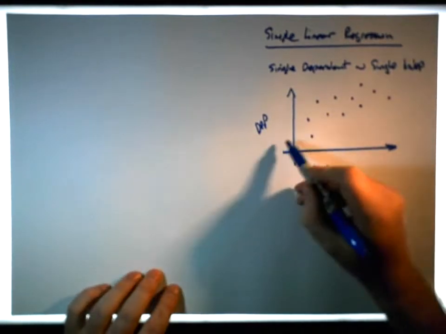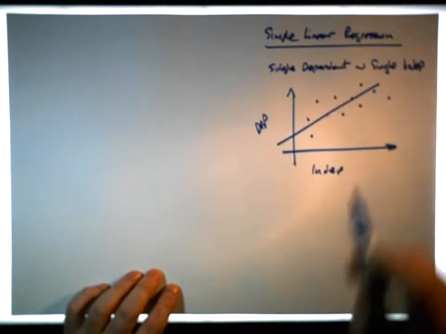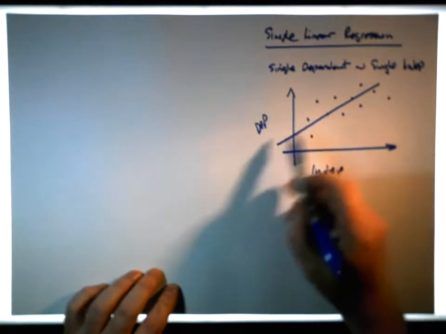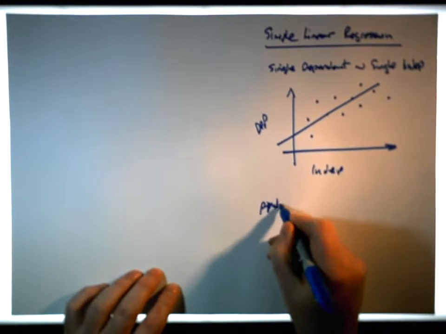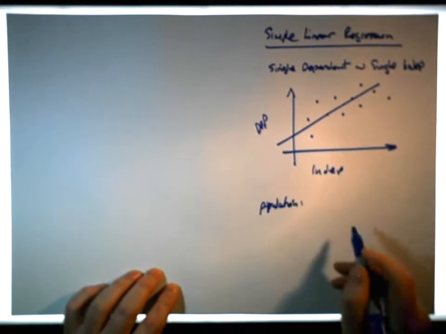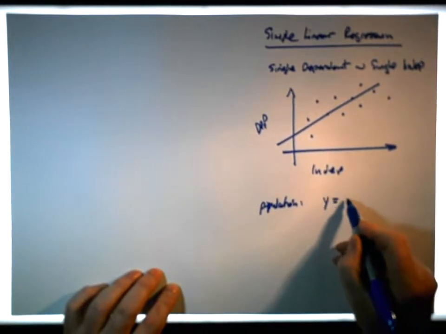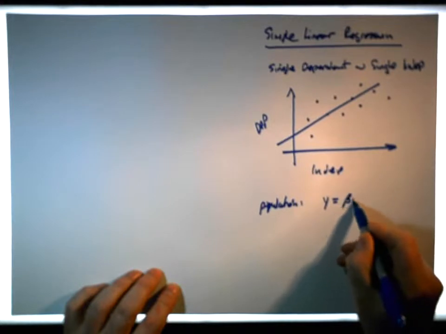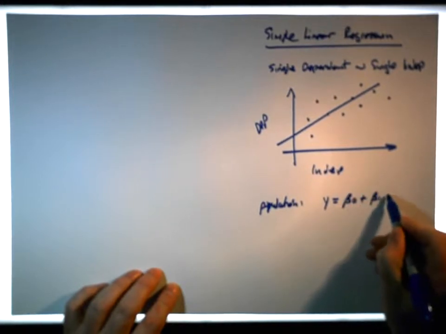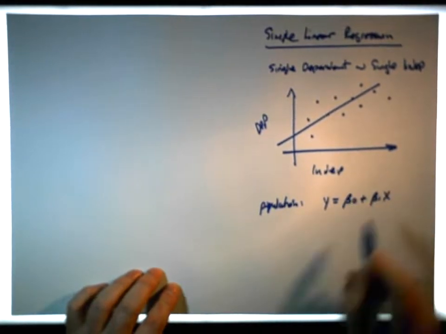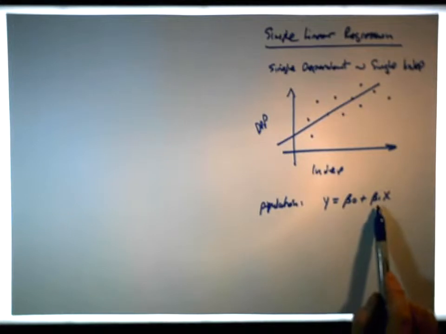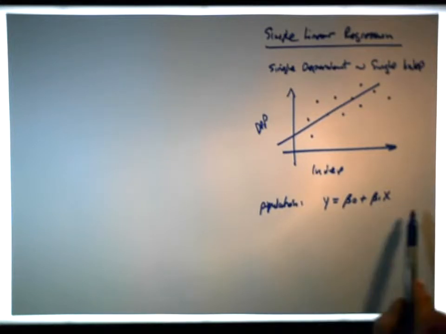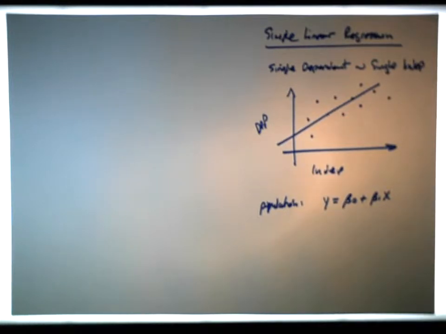From a population perspective, the line of best fit is y equals beta 0 plus beta 1 times x, the independent variable. The job we wanted to do was to estimate these beta 0s and beta 1s.